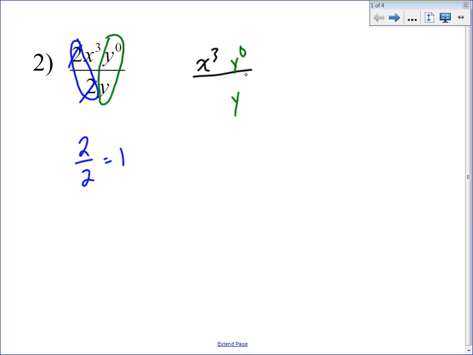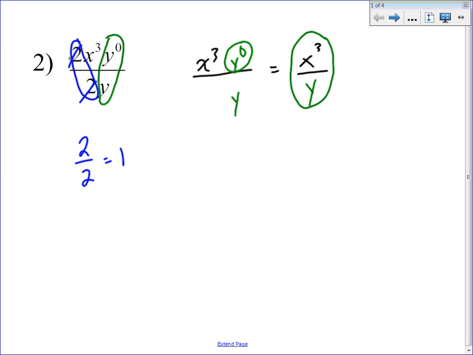Now even though these are similar bases, we should notice right away that this y to the 0 power is equivalent to 1, so it disappears, because 1 times x to the third will just be x to the third. Then we're left with y on the bottom, and that would be our answer.